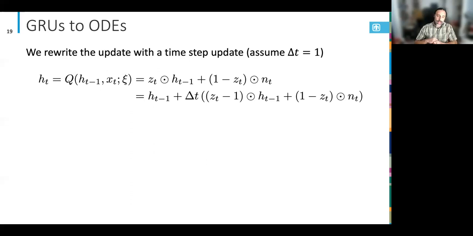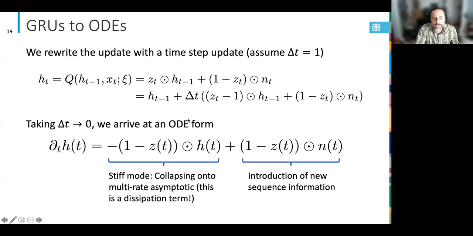So I introduced this, and using delta t equals 1, I add and subtract h_{t-1}, and then I get this updated GRU formulation where I have a delta t that represents our fictitious time step. Of course, I can take that fictitious time step to 0 now, and I can learn a little bit about how GRU might actually work.